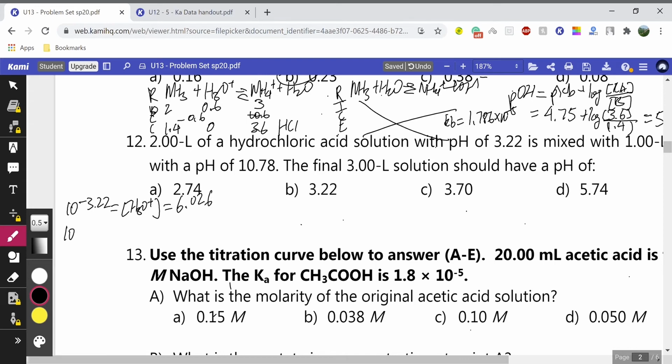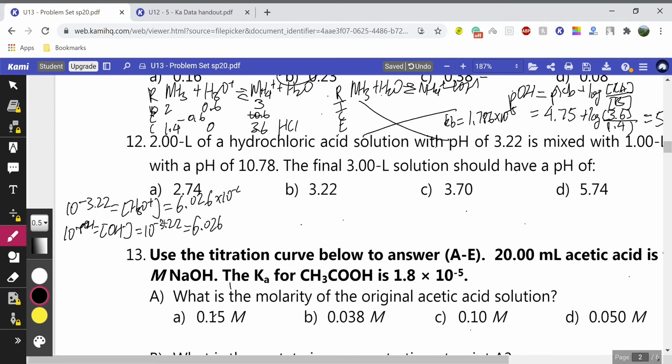Now 10 to the negative pOH power will give you the concentration of OH minus, and they told you the pH of the NaOH is 10.78. So 14 minus 10.78 is equal to 3.22, so 10 to the negative 3.22 gives the same answer, 6.026.